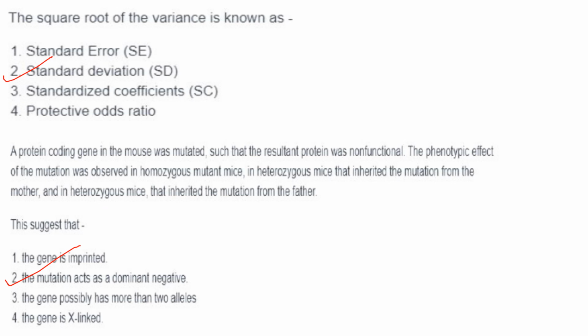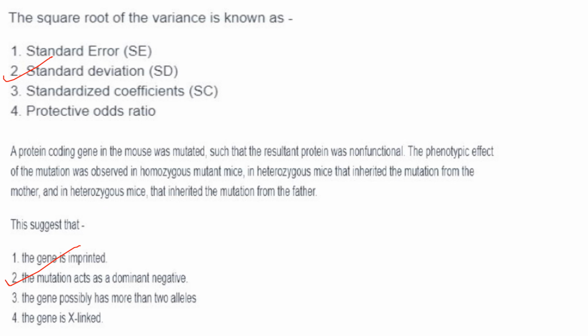Homozygous condition, both alleles are mutated, so the phenotype will be of the mutated one. Whereas in heterozygous condition, one allele is normal, the other allele is mutated, still it is showing the phenotype of the mutated one. So this is a case of dominant negative mutation.